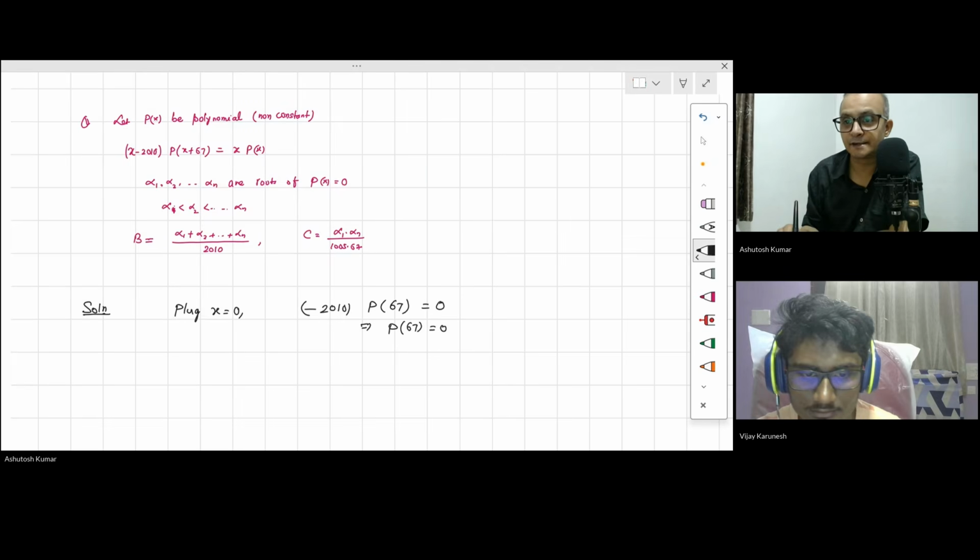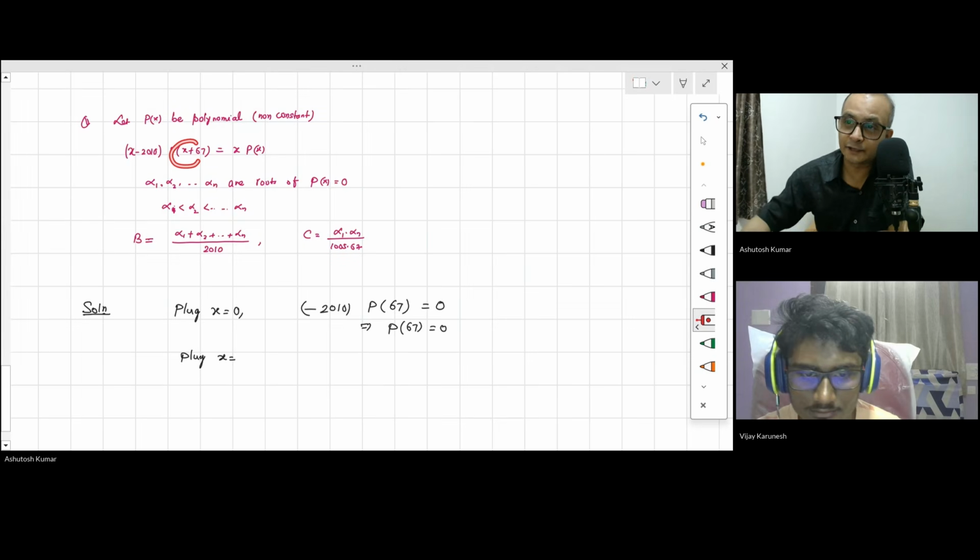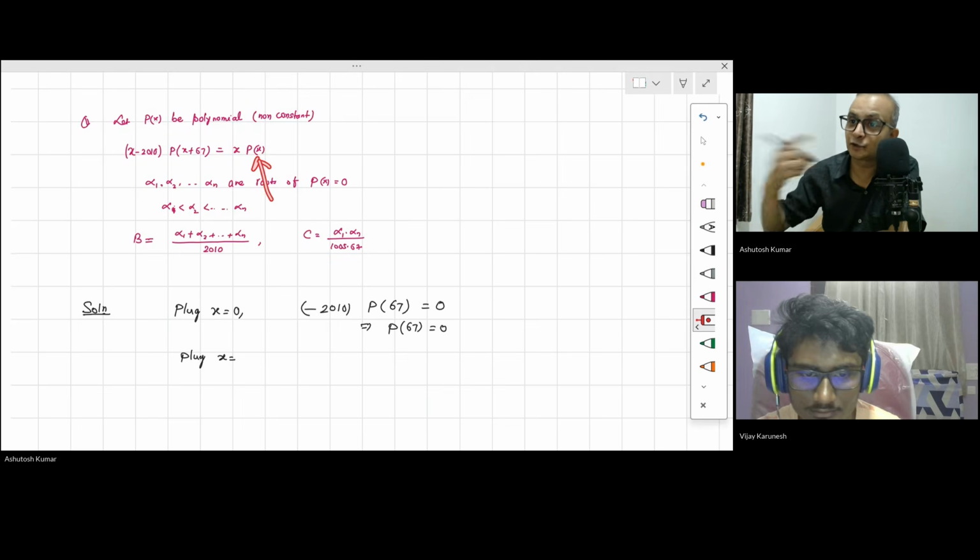Now also you notice that if I substitute again, x is equal to 67, I iterate the process here, because there is an x plus 67, so I can use the fact that P(67) is going to be 0. Because I got P(67) equal to 0, I'm using this fact.